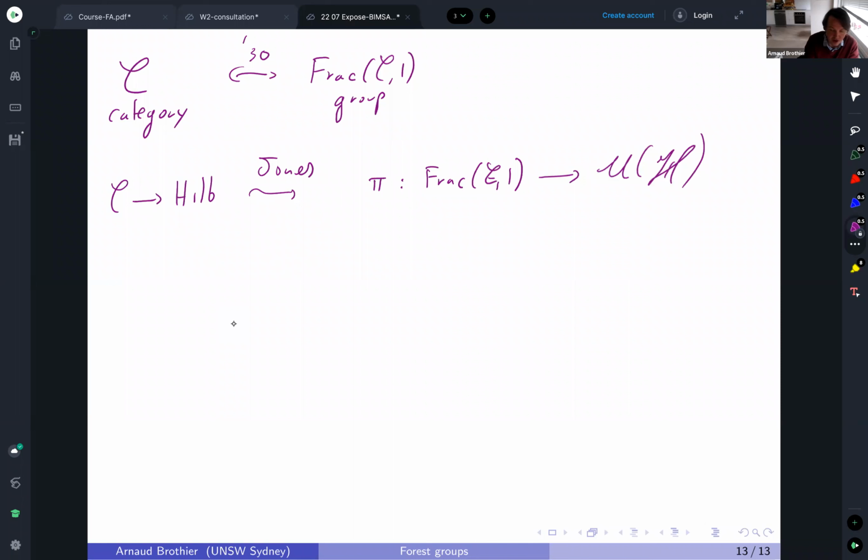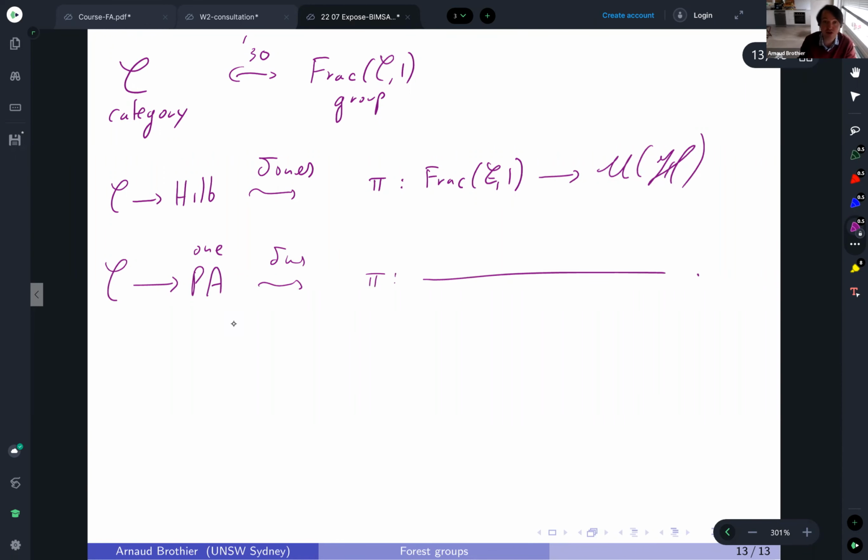And now, why do I say it's linked? Because perhaps instead of going to a Hilbert space, I go into a planar algebra. A planar algebra is a tensor category. And Jones will tell you that you also have a unitary representation.